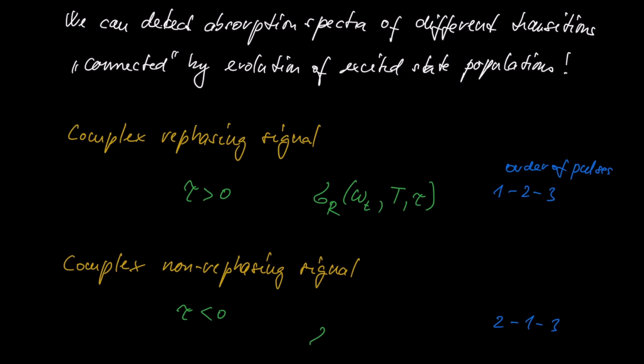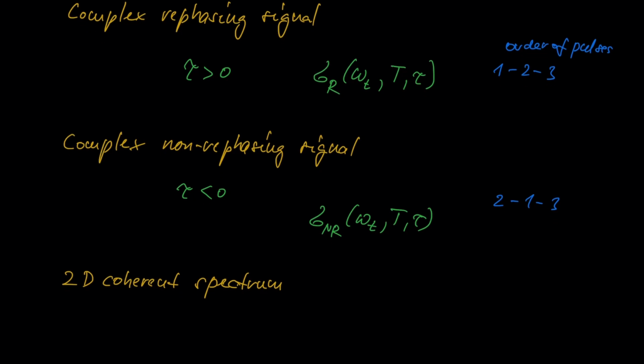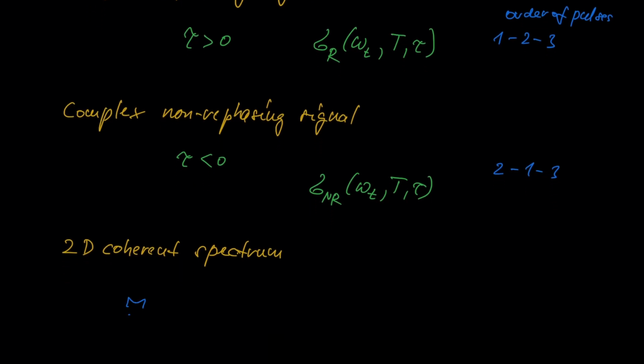So we have some sigma non-rephasing also as a function of omega t and capital T and tau. So we combine these things into so-called two-dimensional coherent spectrum. Let's denote it this capital theta omega t capital T omega tau.